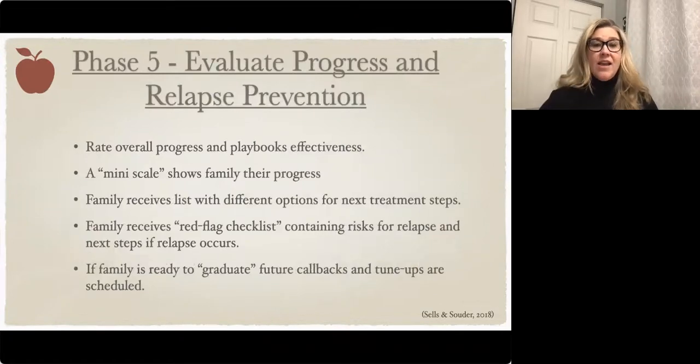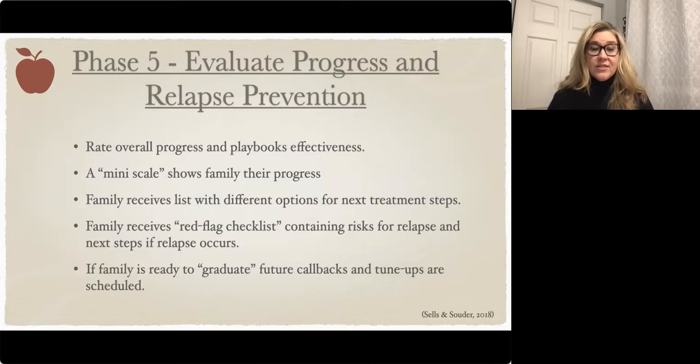Finally, in phase 5, they evaluate their progress and talk about relapse prevention. At this time, they are given a mini scale by the therapist, which shows how much progress the family has made in such a short amount of time. This is used to help encourage the family and show them that there is hope.